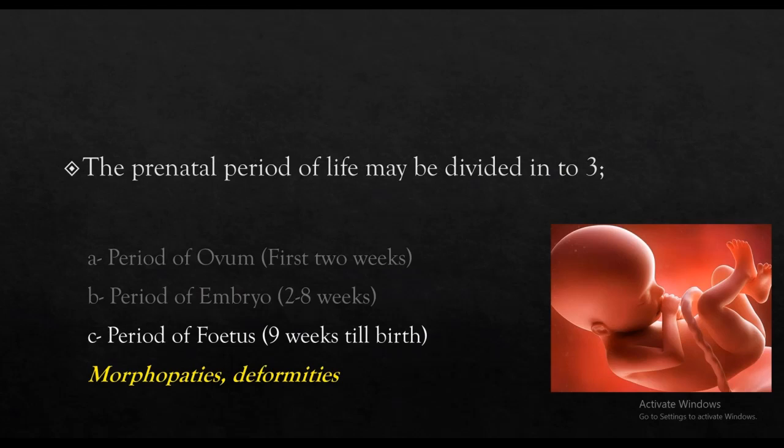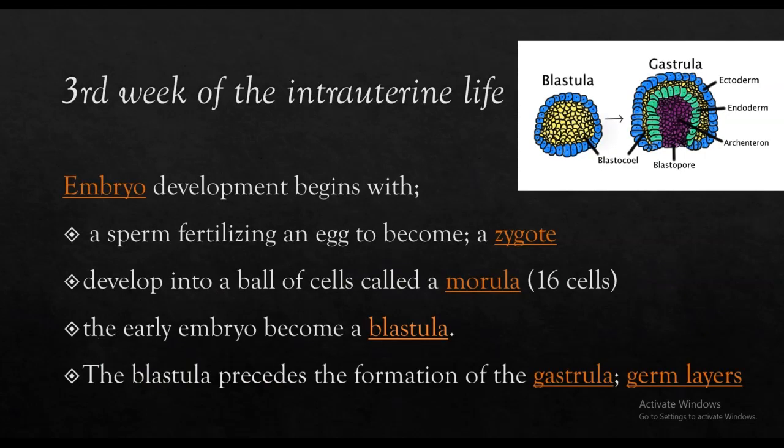Following the formation of the organ frames during organogenesis starts the morphogenesis phase. The disturbances during this period will result in morphopathies, also called deformities. Embryo development begins with the sperm fertilizing an egg to become a zygote, which undergoes many cleavages to develop into a ball of cells called a morula.